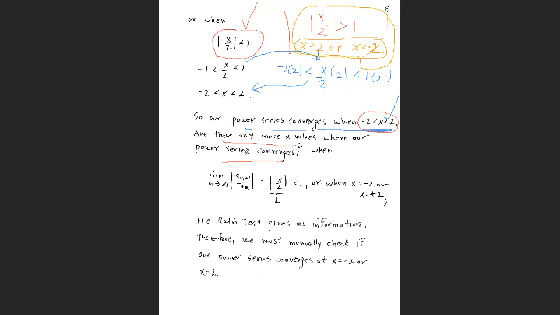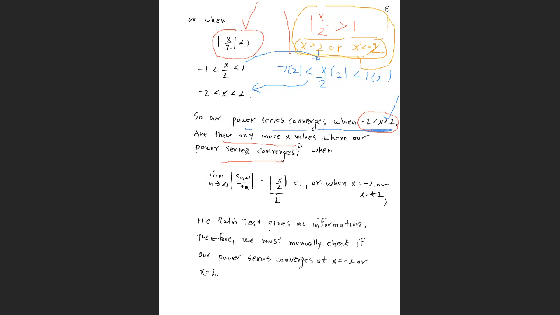So that's how the ratio test, you're exploiting that fact, because you're able to show, since the limit of the ratio of the terms of your series approaches a constant, the absolute value of x over 2 for any x value, you're able to say your interesting power series behaves like a geometric power series.